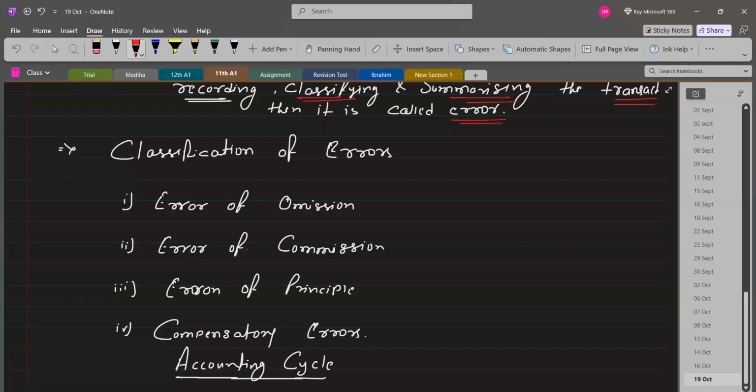Compensatory errors, the last one, means when you prepare the accounts, some errors compensate other mistakes. One mistake can nullify the effect of other mistakes, so you will not be able to find the mistake in your books. So these are called compensatory errors. It compensates the effect of other errors. Now you can write it.